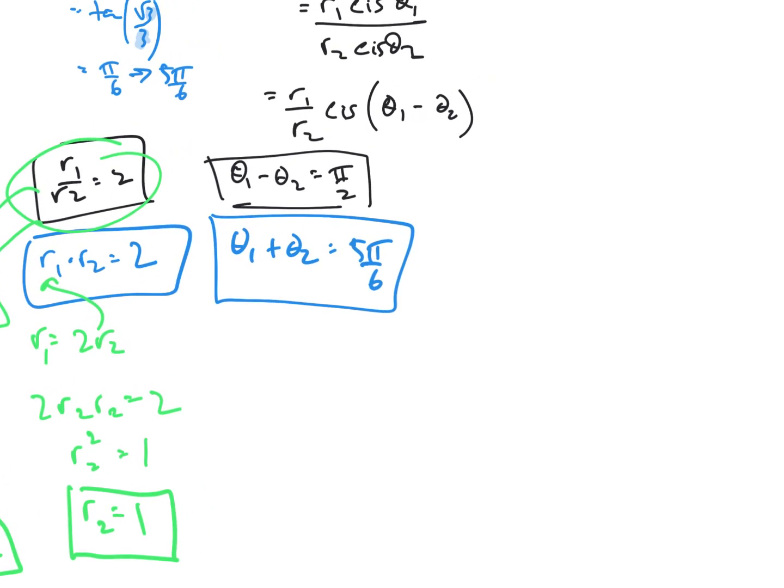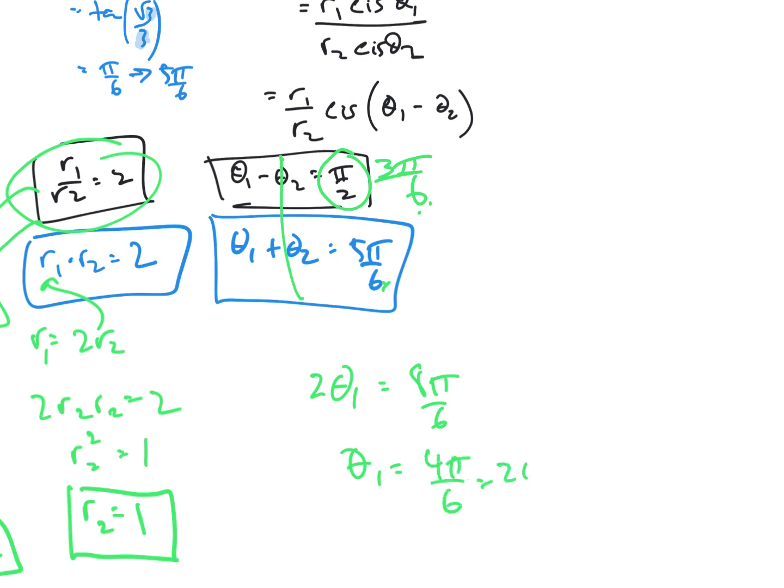Going over to my equations here, if I convert this to 3 pi by 6, I'm doing that so I have my fractions the same. If I add the equations, I have 2 theta 1, as those cancel, equal to 8 pi by 6. Dividing by 2, I get 4 pi by 6, which is 2 pi by 3.